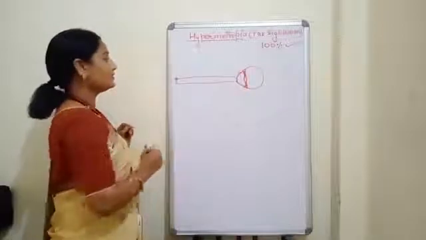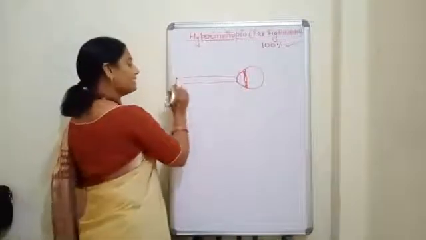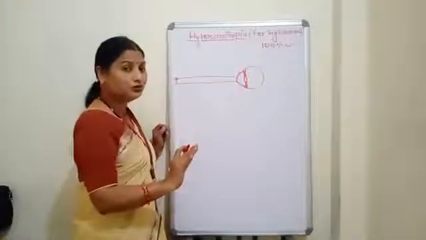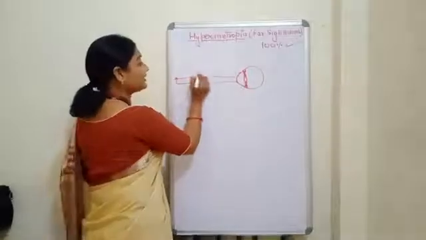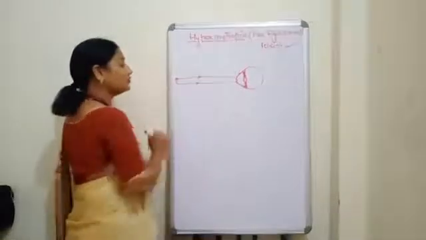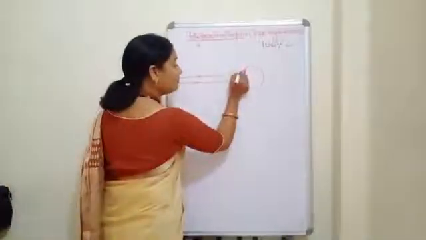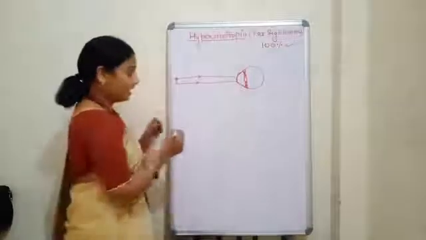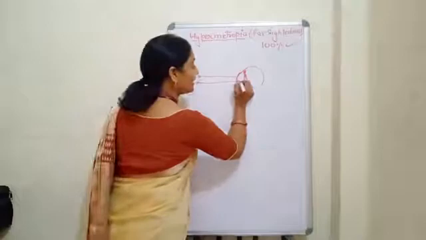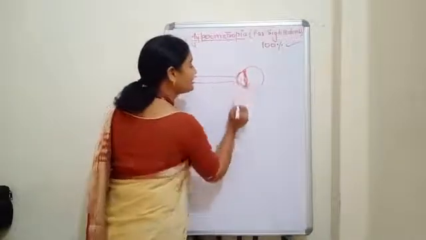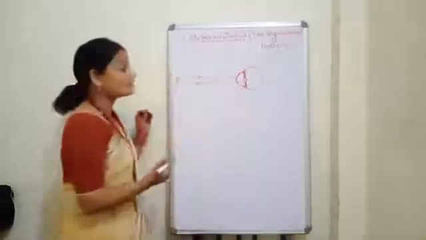There are many rays, but we are taking only two. While reaching the cornea, they become parallel, and from here they get a little converged because the cornea is a bulging structure.